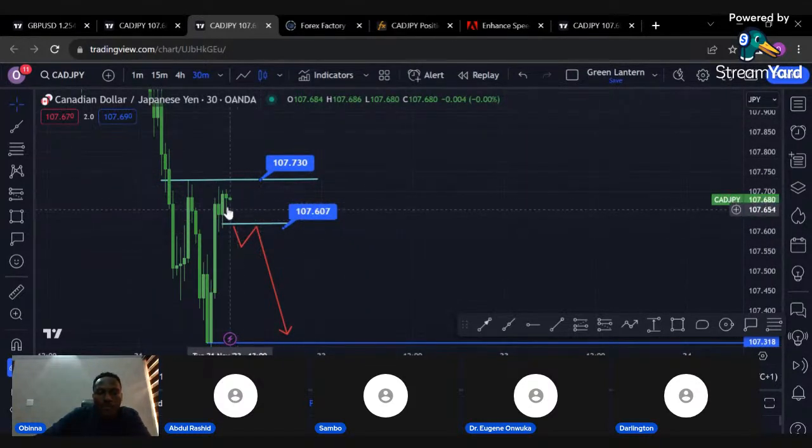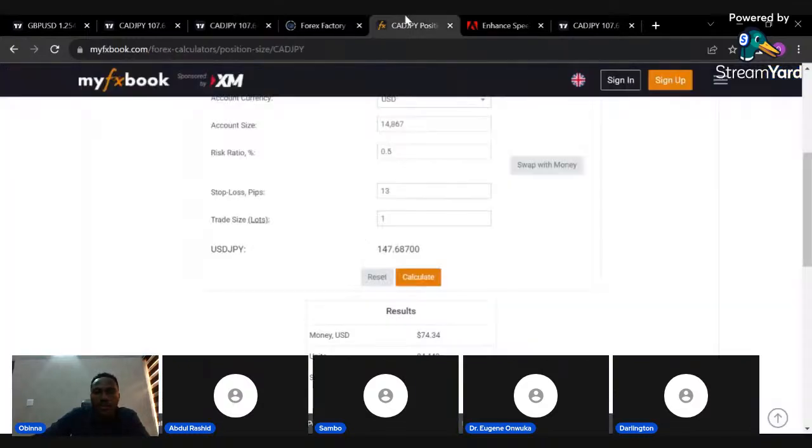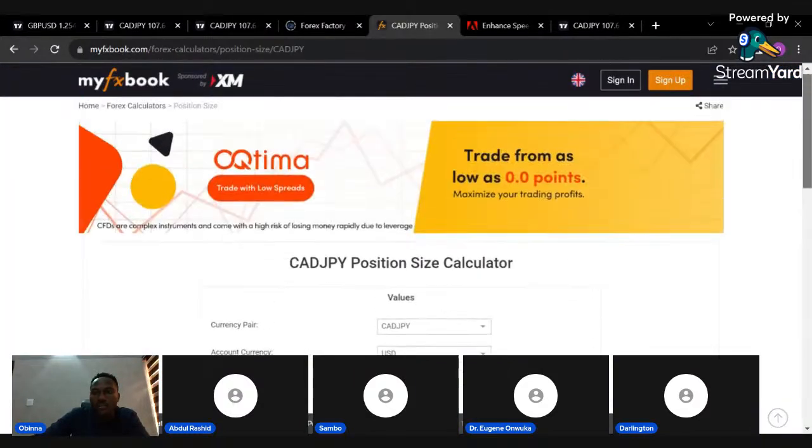So for me, I want to see a strong 30 minutes candle. That's what I want to see, a strong 30 minutes candle. But it doesn't mean someone can't take this trade here. If I'm going to take this trade here, I'll use half of my risk to take this trade around here. This is why I use a position size calculator to calculate my risk.